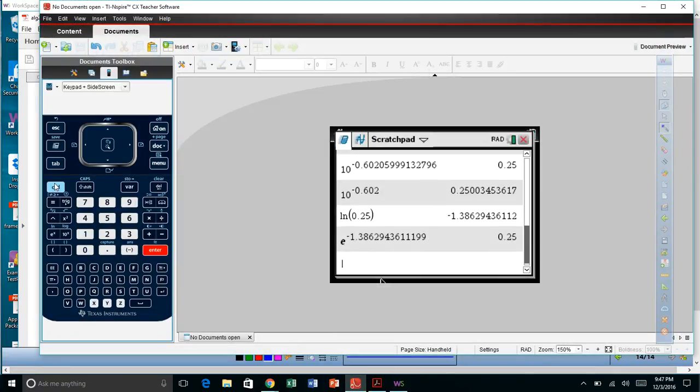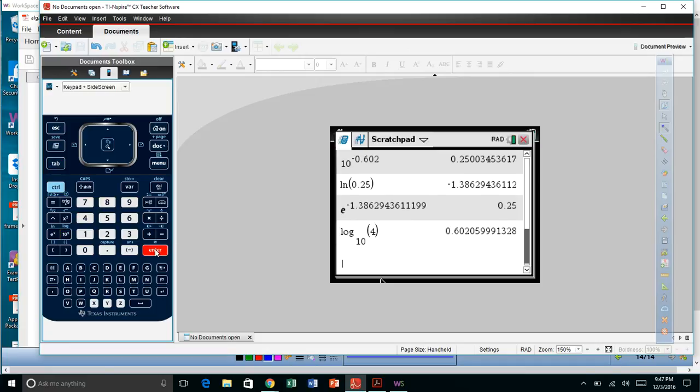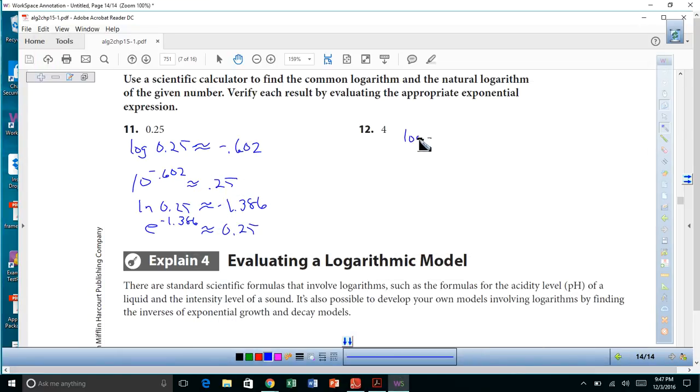Okay, the log of 4 is 0.602. So the log of 4 is approximately 0.602.